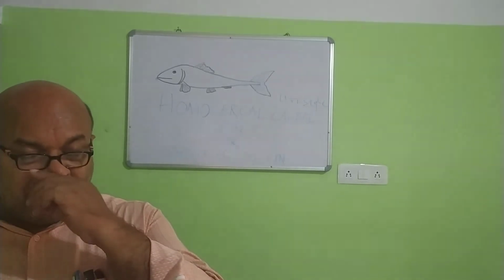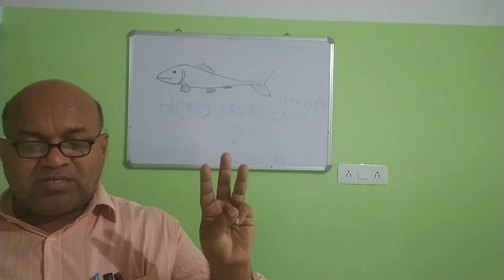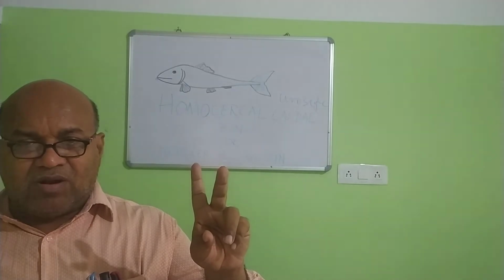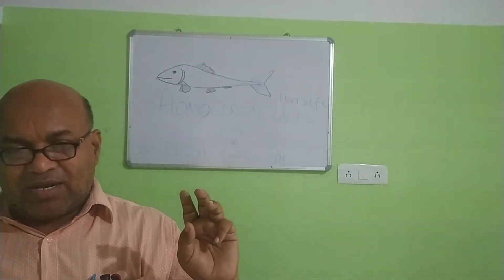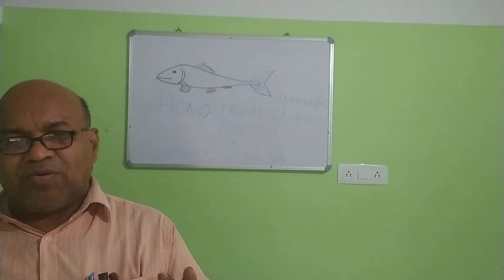Principally, you find three caudal fins or cercal fins. One is called diphycercal, second is called heterocercal, and third is called homocercal. But some intermediate forms we can also notice.